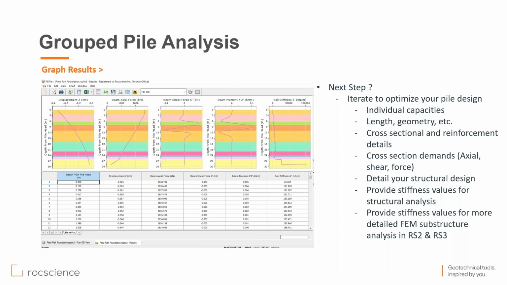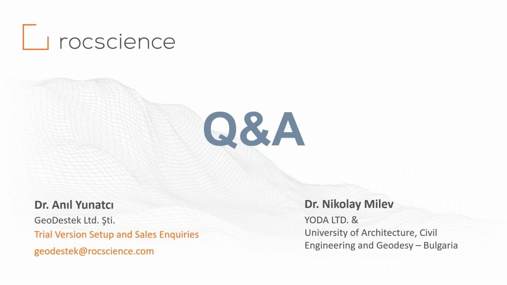Alternatively, you may take these stiffness values upon evaluation, of course, and put them into more detailed finite element based substructure analysis in RS2 and RS3, or you may share them with your superstructure design team to allow them to model further in their structural software bundles. So I think this concludes today's session.